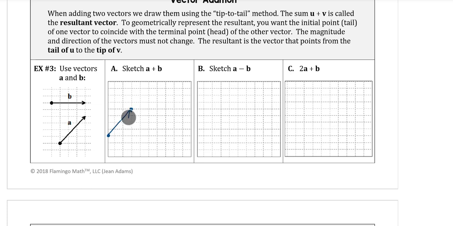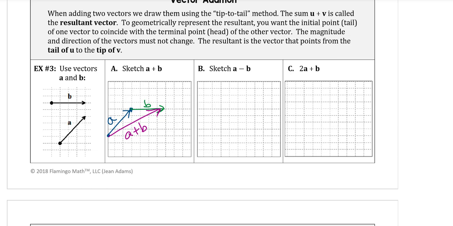So there's my A. And then B is horizontally 4 across. There's B. So my resultant vector is going to go from the tail of A to the tip of B. So there is my A plus B.